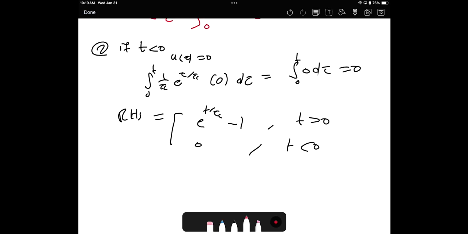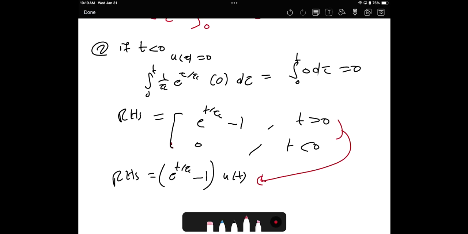Now, how can I simplify it more? Because we know the step function, we can say the right hand side equals e power t over tau c minus 1 times u of t. Are those the same? Yes. So that's the right hand side.